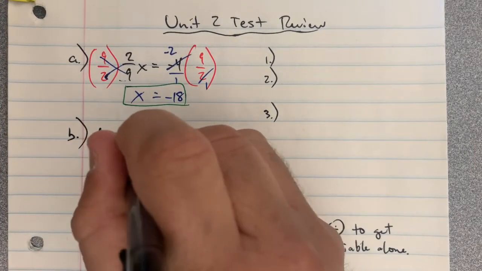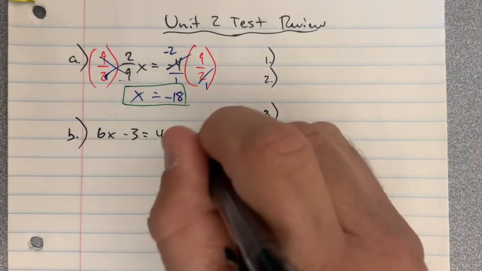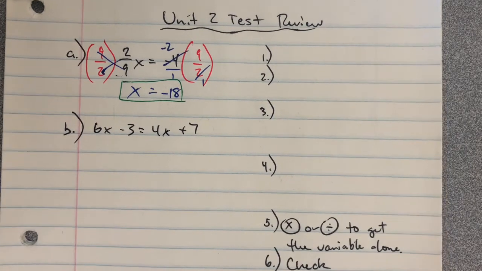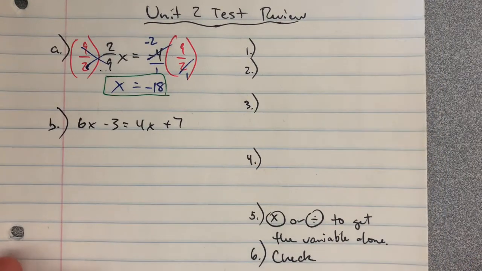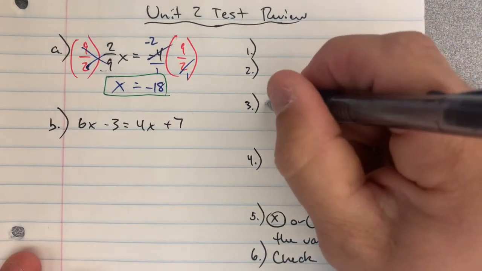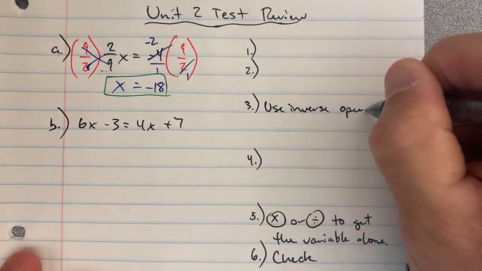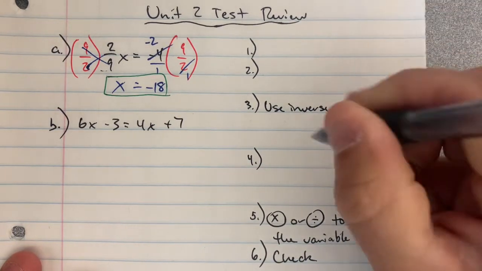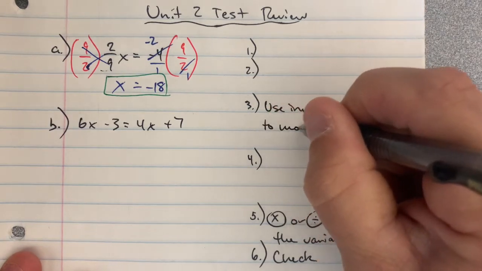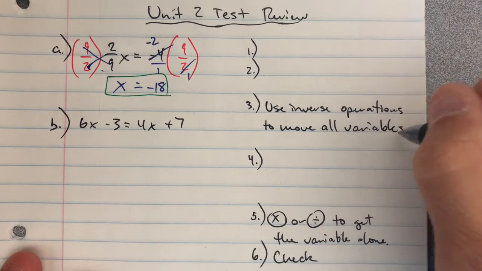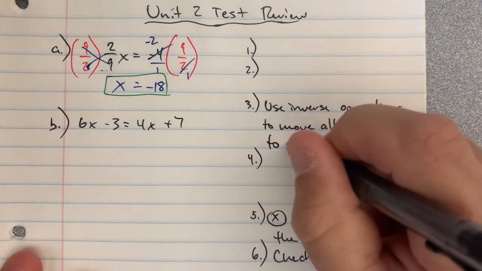6x minus 3 equals 4x plus 7. All right, an example like this, we need to get the variables to one side and the constants to the other. So now we're on to step 3. Step 3 tells us to use inverse operations to move all variables to one side.